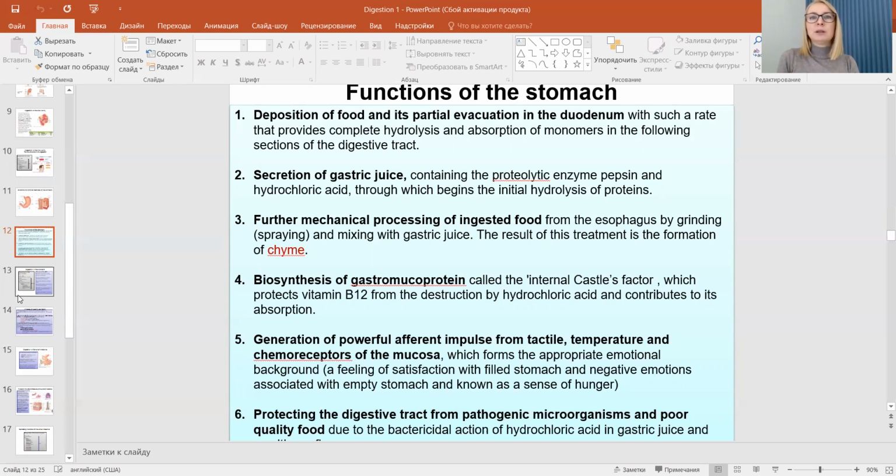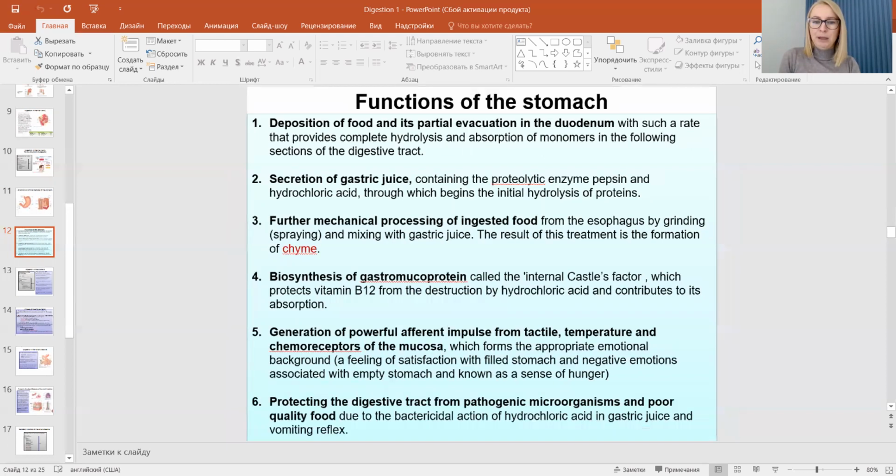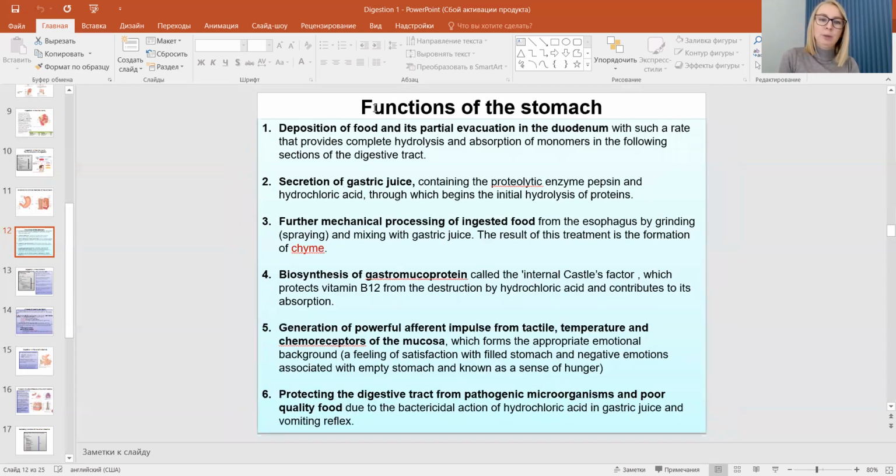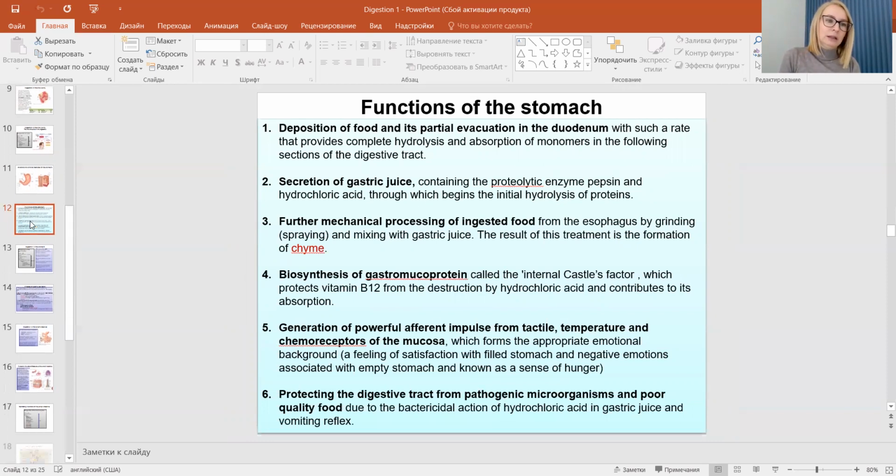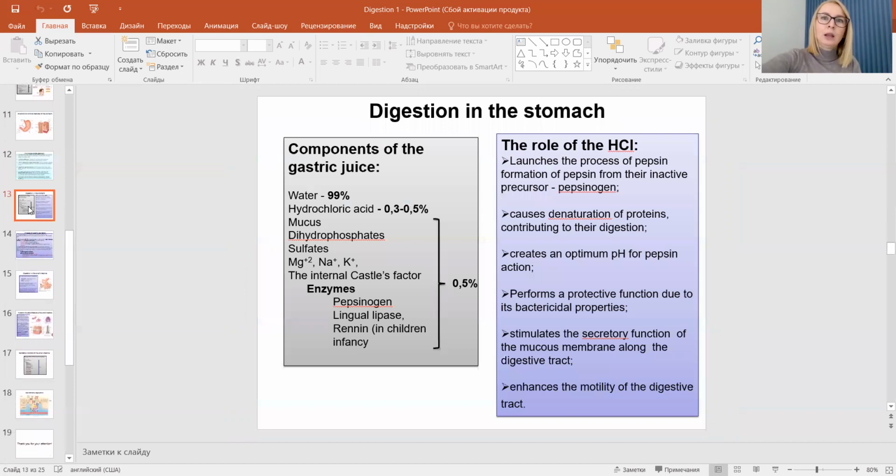The stomach contents must be converted to chyme before they can be emptied into the duodenum. So these are 3 main functions of the stomach, but of course it has some other functions which you can read on these slides. Now let's discuss digestion in the stomach.